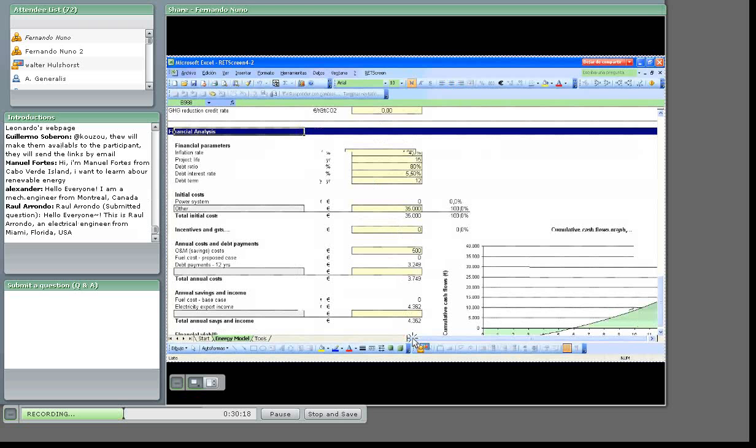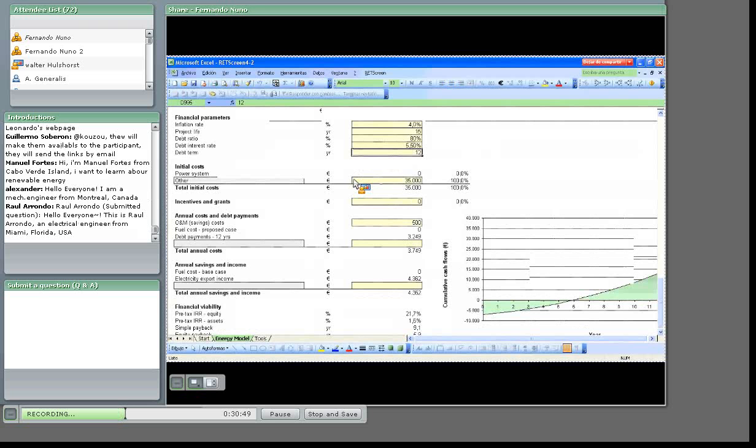And then we go across to financial analysis. So you introduce in this case your inflation rate, project life, so we choose in this case 15 years. Debt ratio, if you go to bank, well, not the best time now, but if you can have 80% finance at, let's say, 5.5 debt interest rate during 12 years.